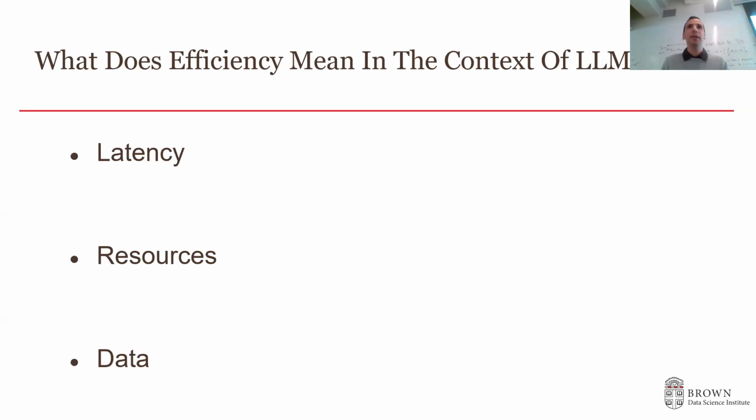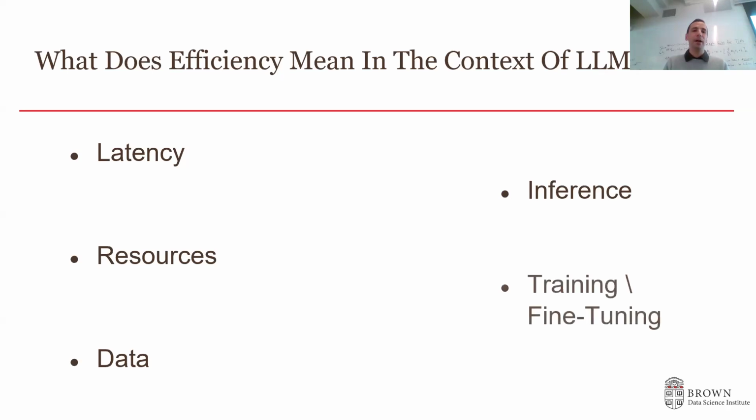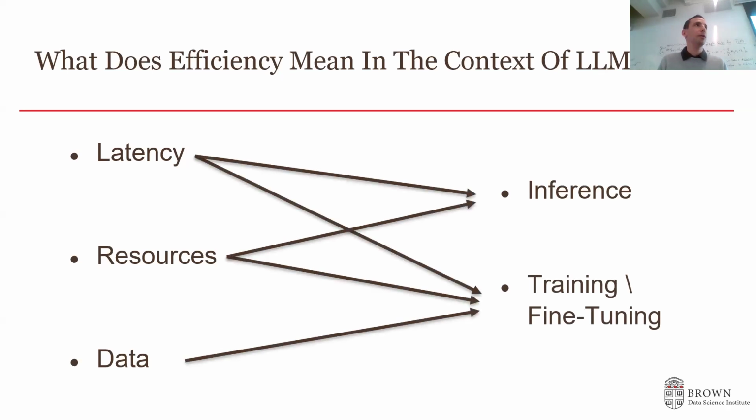The second question we need to ask ourselves is, when do we want this efficiency to happen? One place is inference. We want our model to generate output faster or with fewer resources. The other place is fine-tuning or training. Most of the methods I'm going to show you today treat only one of those processes, only inference or only training, not both.